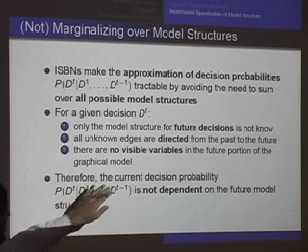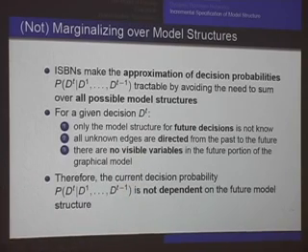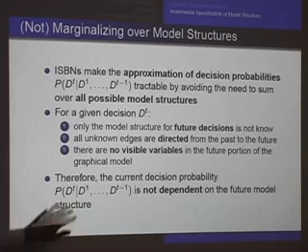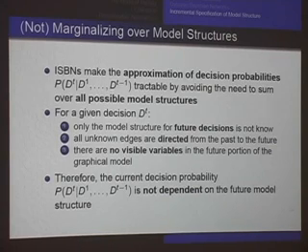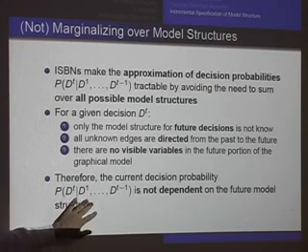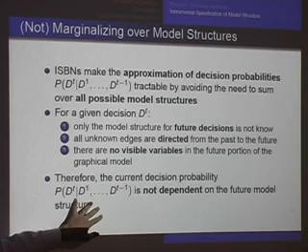And all the unknown edges in this model structure are directed from the past or current structure to the future, and there are no visible variables in the future. You don't know anything about the future because it's a generative model. So given those three things, we can derive that those edges can have no effect on the probability that we want to compute, which is the probability of the next decision.